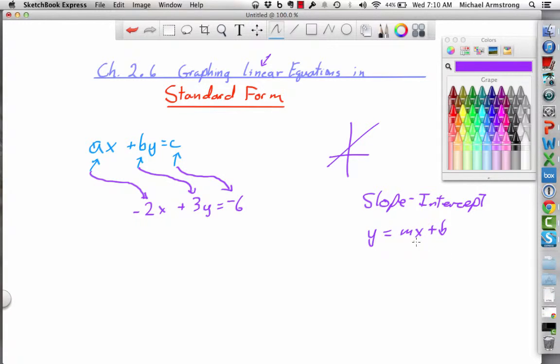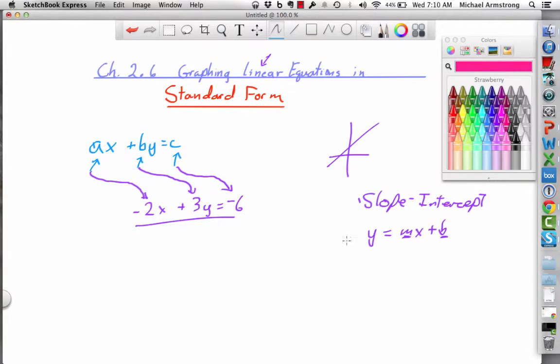In fact, a lot of times I just say y equals mx plus b form because that's very not confusing, where m is the slope and b is the y-intercept. Slope-intercept form, where we have slope and the y-intercept. So we're going to just change this around. Basically, that's how that's going to work.